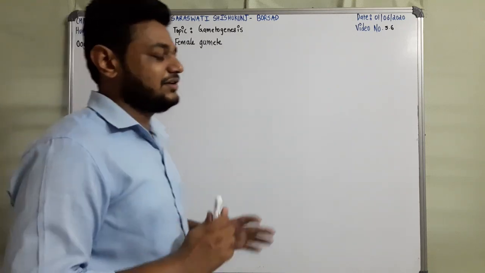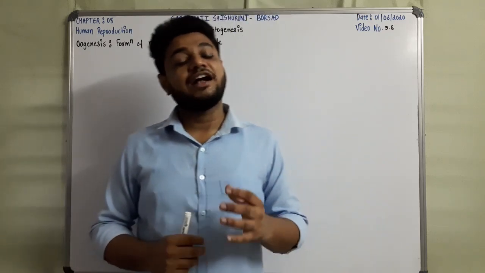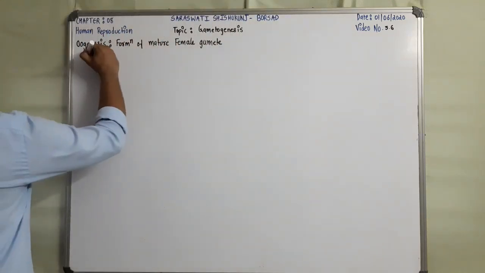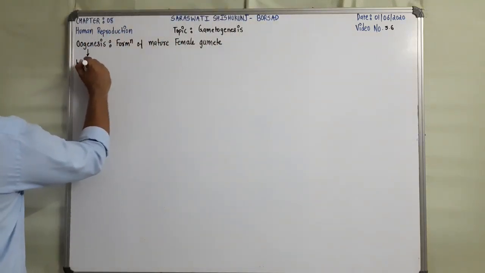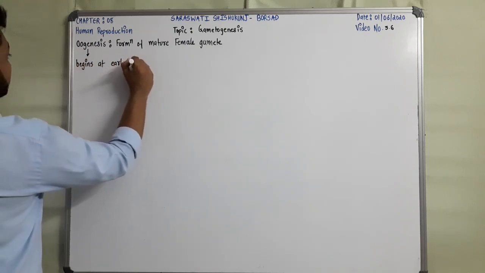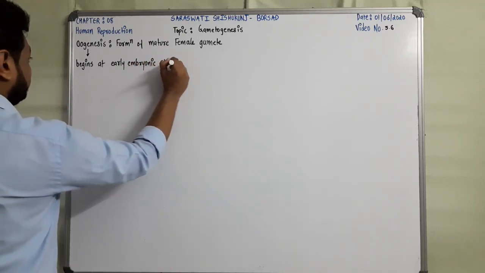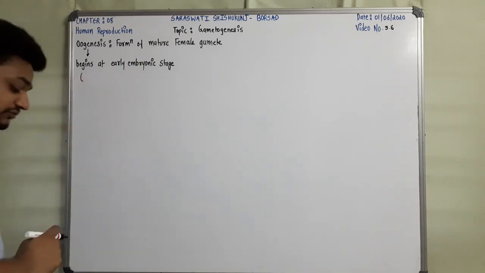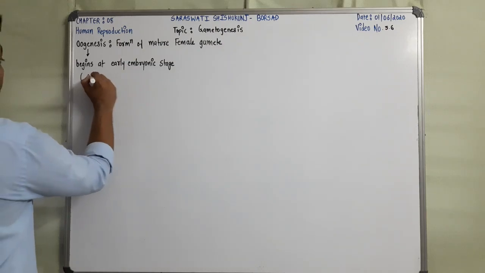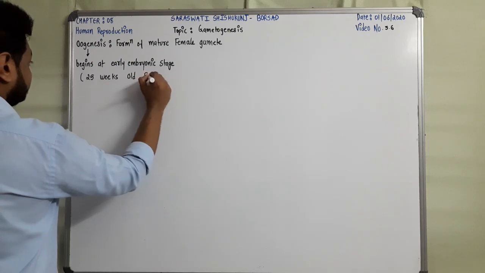Now see, it is generally similar to spermatogenesis, but oogenesis starts at the early embryonic stage, right? So this begins at the early embryonic stage, at about 25 weeks old fetus.